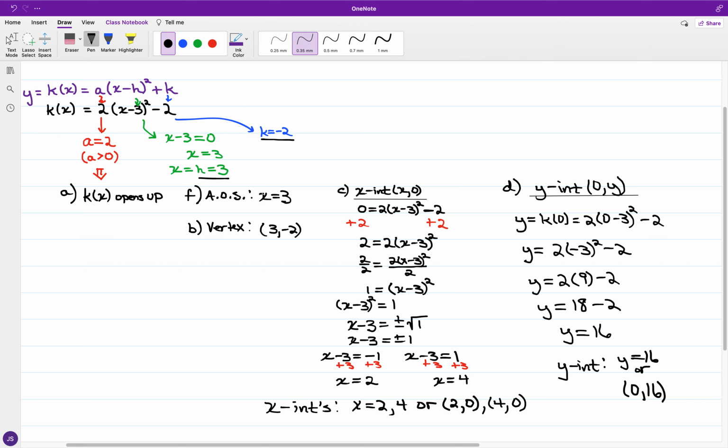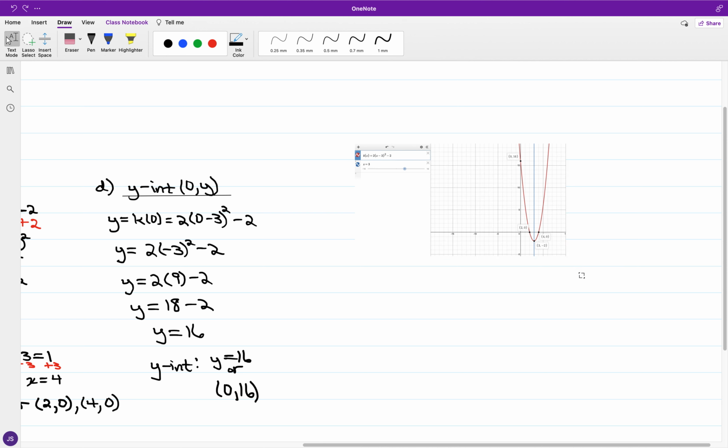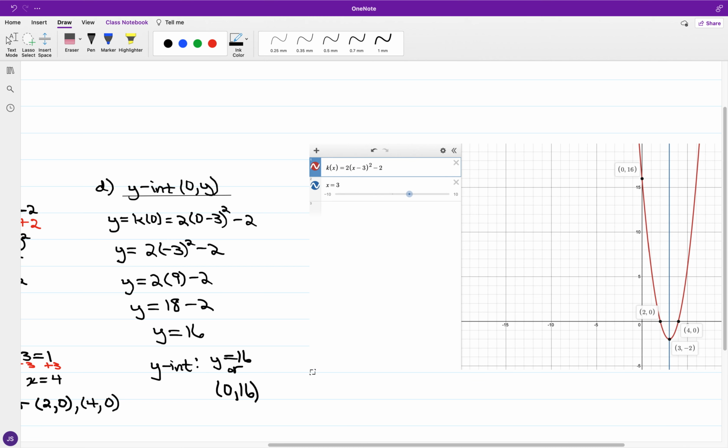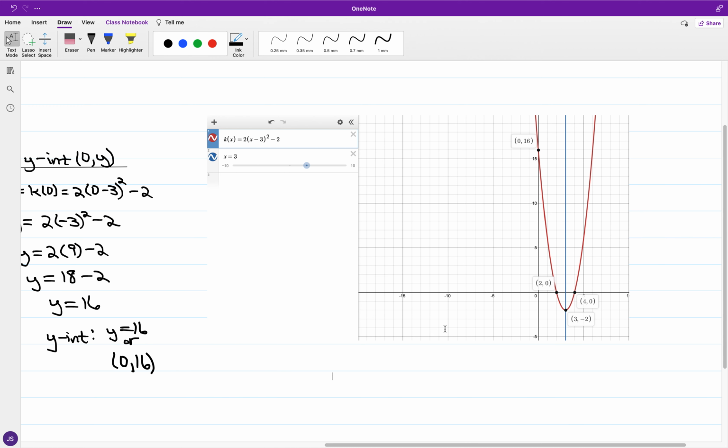And again, the axis of symmetry always passes through the vertex. Okay, now for the nature of the graph itself. So looking at what is present, you got k of x is equal to 2 times the square of x minus 3 followed by the subtraction of 2.